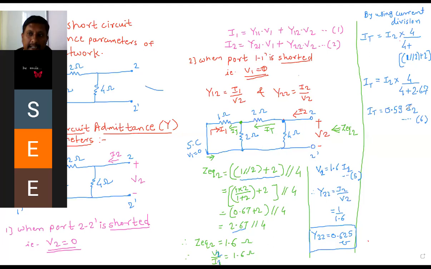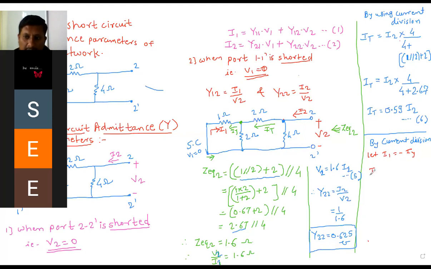ओके, आता I2 आणि IT मधलं रिलेशन मिळालं, पण मला I2 आणि I1 मधलं रिलेशन पाहिजे. सो वन्स अगेन I want to use current division. आता मला टोटल करंट काय I2 माहिती आहे, पण मला पुढे काय कॅल्क्युलेट करायचं आहे, I1 किंवा IY. ओके, सो let IY is equal to minus I1.